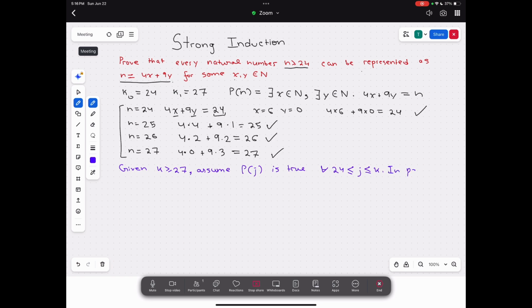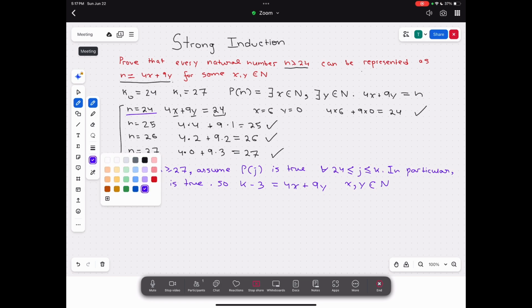In particular, this tells us that P of k minus 3 is true, because we've seen that n equals 27 and n equals 24 are true, and 27 minus 3 is 24. So we can write this as k minus 3 is equal to 4x plus 9y for some x, y that belong to the natural numbers. So this is our inductive hypothesis.